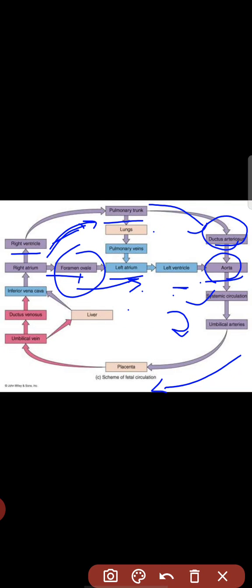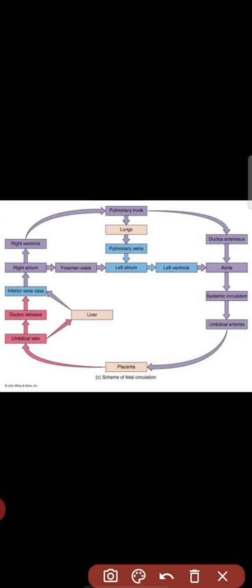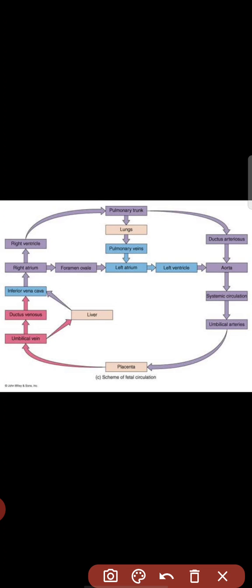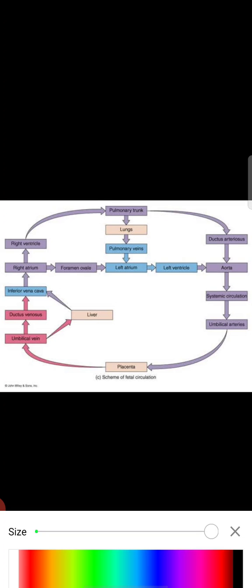It is a specialized circulation that is naturally designed for the fetus. Here you should mention that there are three main shunts in the fetal circulation. The first shunt is the ductus venosum.